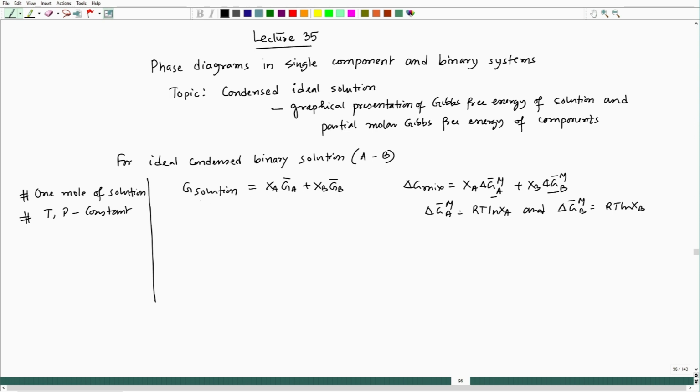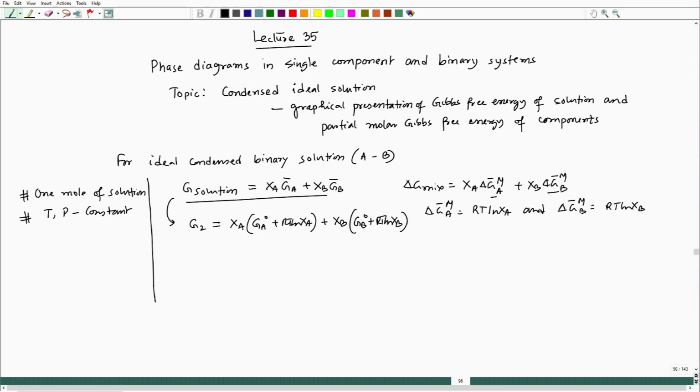We can expand this equation, and now G solution can be considered as G M. In one of the lectures we made it G M, but now onward we will term it G 2 for the solution, for 1 mole, equal to X A times G A bar, which can be written as G A naught plus R T ln X A, plus X B times G B naught plus R T ln X B.